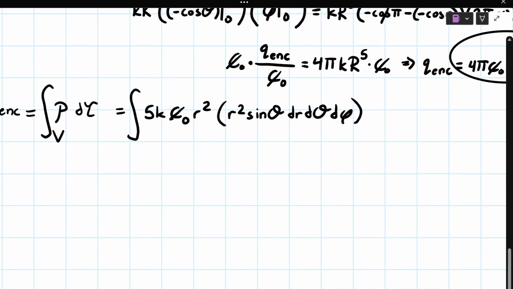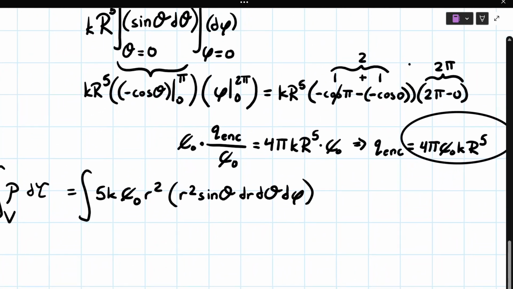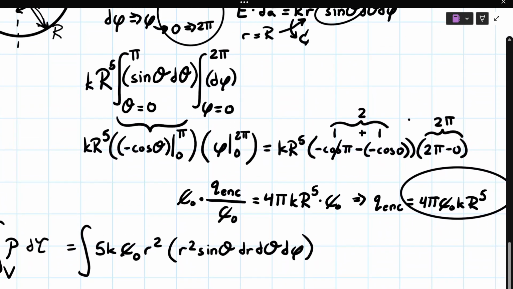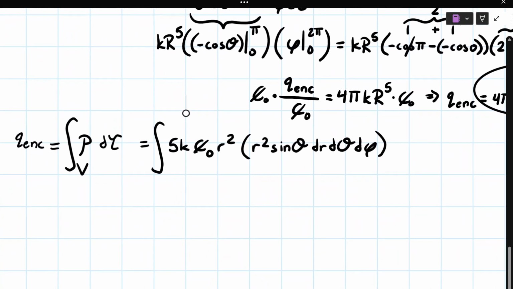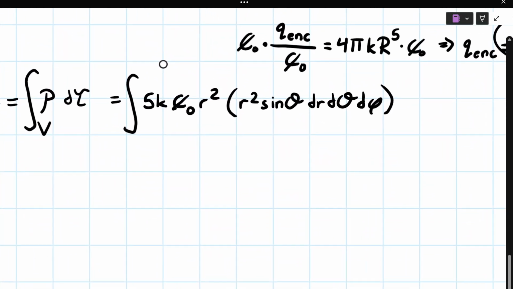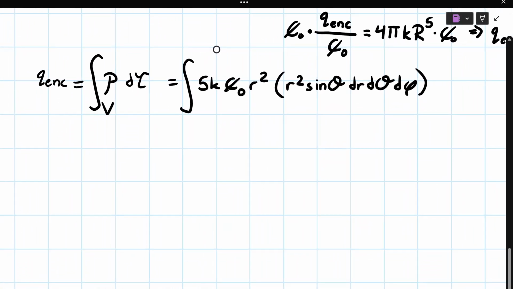And then we know we're going to use the same limits of integration that we did for this surface, right? Theta goes from 0 to pi, and phi goes from 0 to 2 pi. And then we're just going to integrate for r from 0 to capital R, okay?